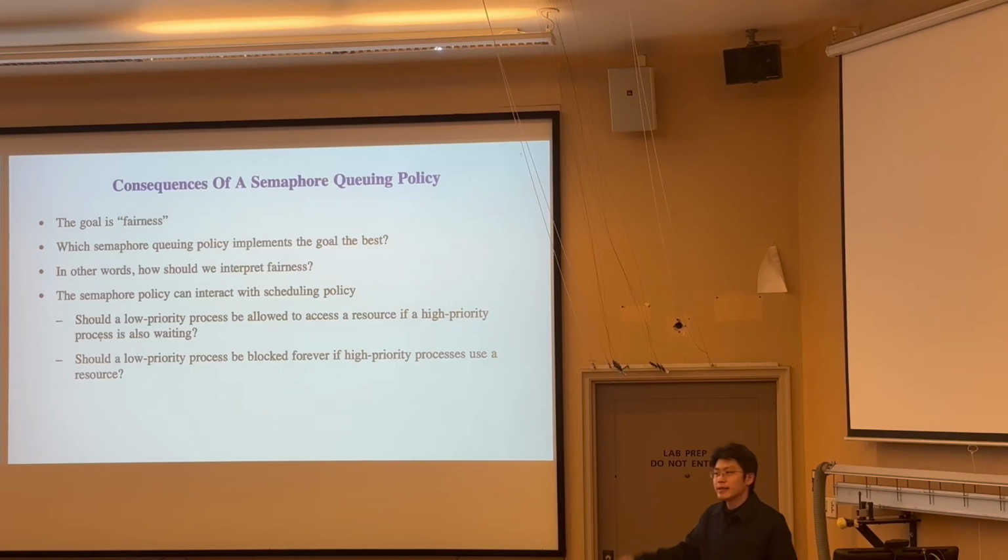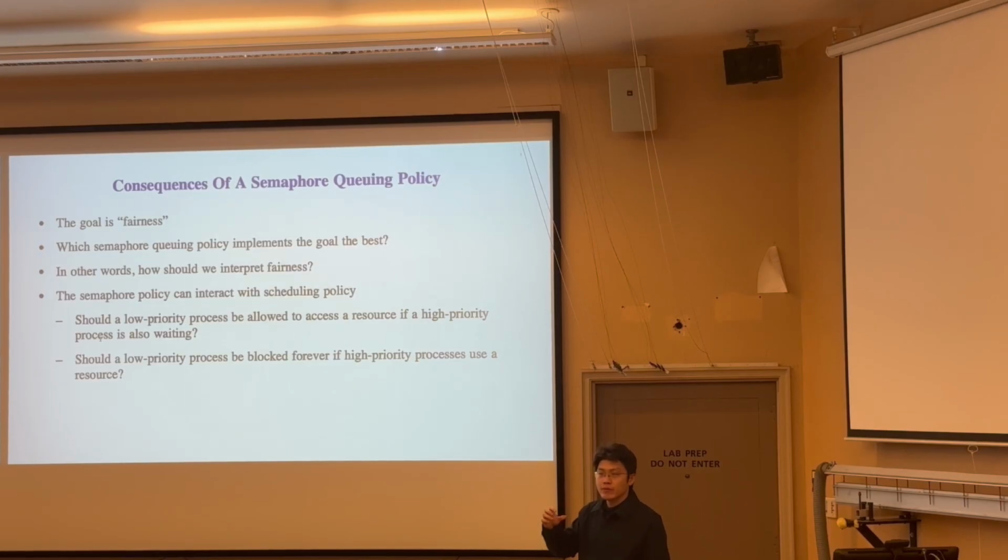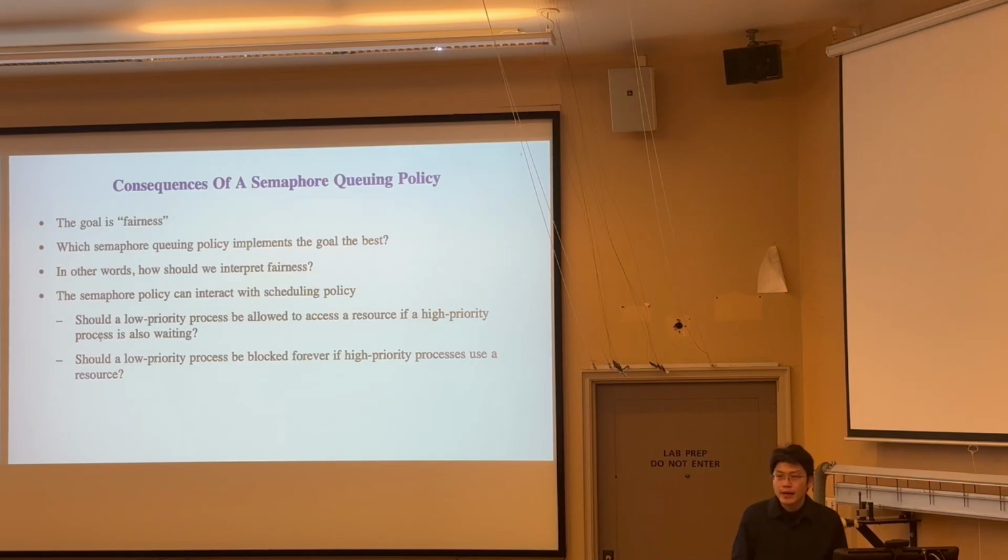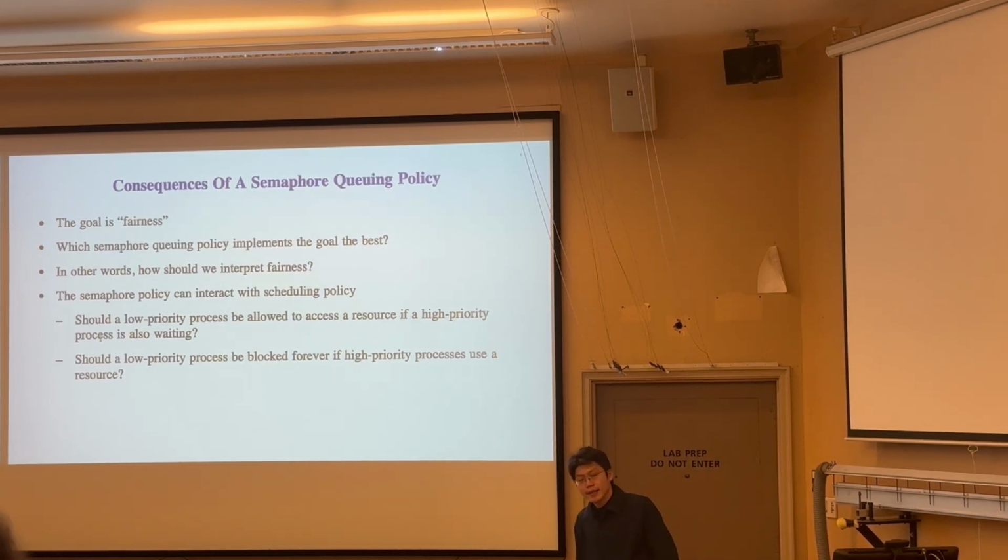Let's imagine this scenario. You have a shared resource and multiple processes, like 2 processes for example, are using one semaphore to protect their access to this shared resource. Suppose we are using first in, first out, and somehow the low priority process gets into the semaphore queue earlier than the process with higher priority.